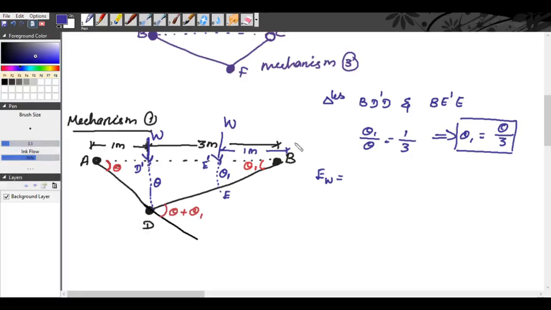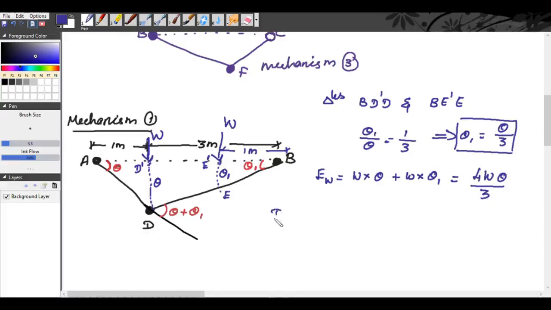So external work done, here we have two concentrated loads, so it is W into theta plus W into theta 1. Substituting theta 1 is equal to theta by 3, we get external work done equal to 4W theta by 3.